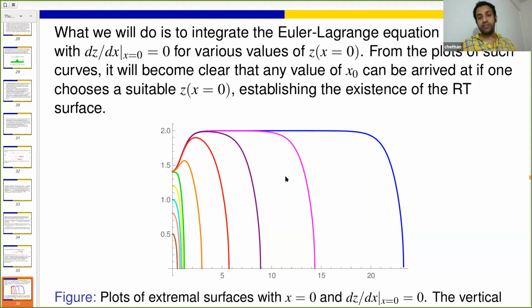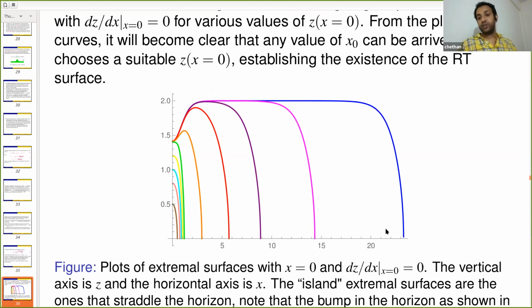Another important feature, which is a property that people have seen in lower dimensions as well, is that as you go further and further out on this x naught, you go closer and closer to the horizon. This is an important fact because your expectation is that if you have more of the asymptotic region, so the system is in the 2 tensor factors, your black hole coupled to the external system, then you would be able to reconstruct more of the bulk.